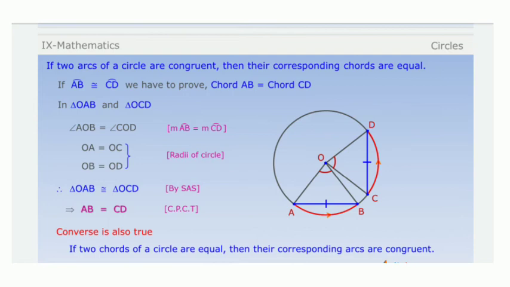Therefore, triangle OAB is congruent to triangle OCD by the SAS congruence rule. So we can get, by CPCT, AB equal to CD. Hence the theorem. Then its converse is also true. If two chords of a circle are equal, then their corresponding arcs are congruent.